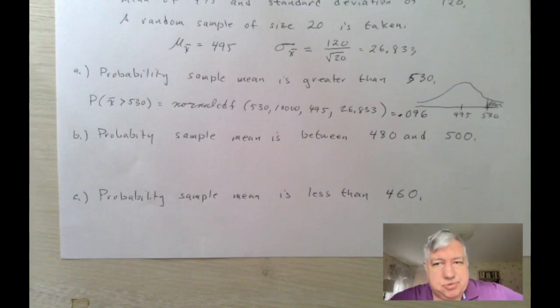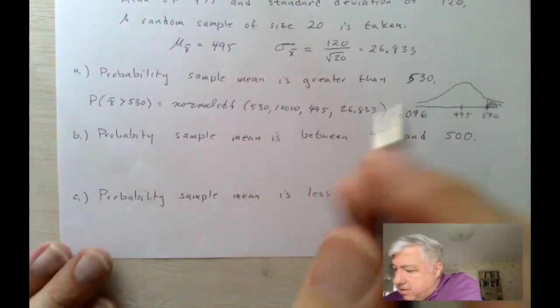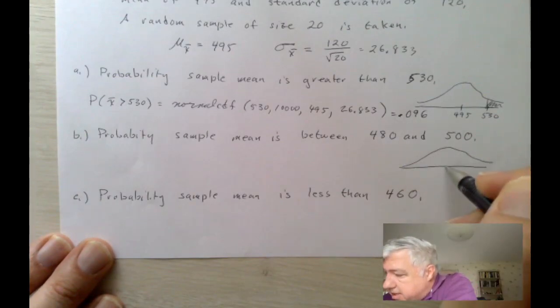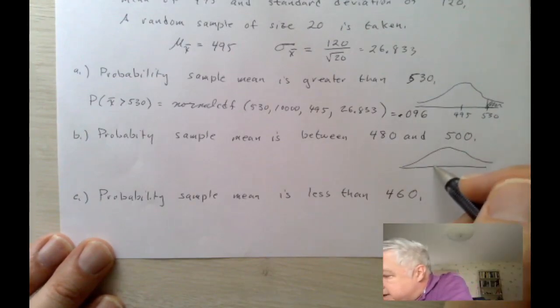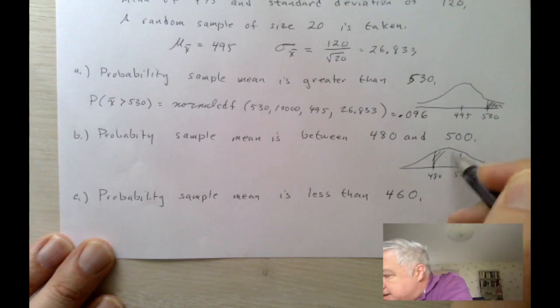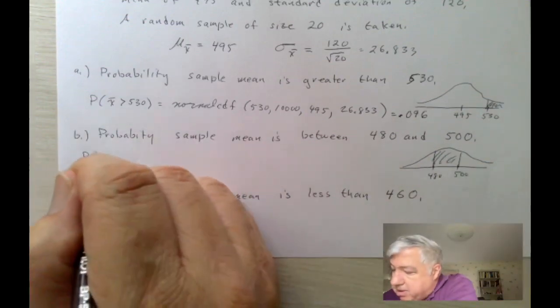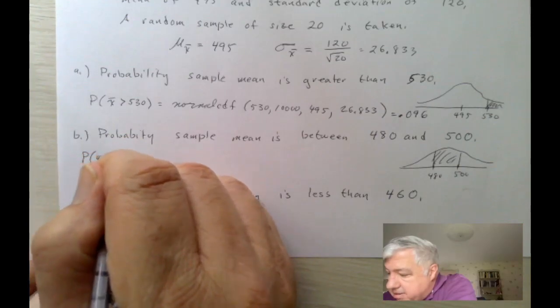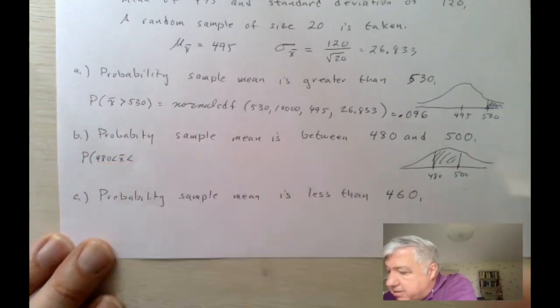If our sample size was 20, what is the probability that a sample mean is between 480 and 500? Well, in that case, here's 480, 500. We're talking about this area here. We're talking about the probability that x bar is between 480 and 500.